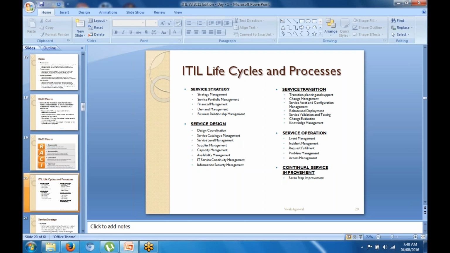Service asset and configuration management, release and deployment management, service validation and testing management, change evaluation process, and knowledge management process. Everything that comes in, they keep in a document as knowledge management. In future, if something new comes, for example a new change, they can refer: in the past, three months ago, we implemented this change.